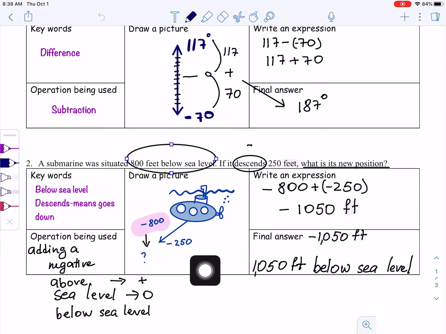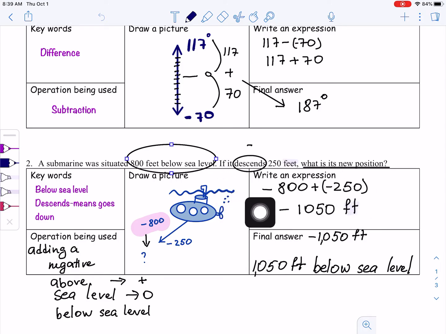Now, the submarine on the next question, look at the cute one, was 800 feet below sea level. The important part here is to remember that below sea level in math means a negative number. Now, if the submarine descends, it means it goes down. So we started at -800 because below sea level is negative, and we added -250 because it descended 250 feet.